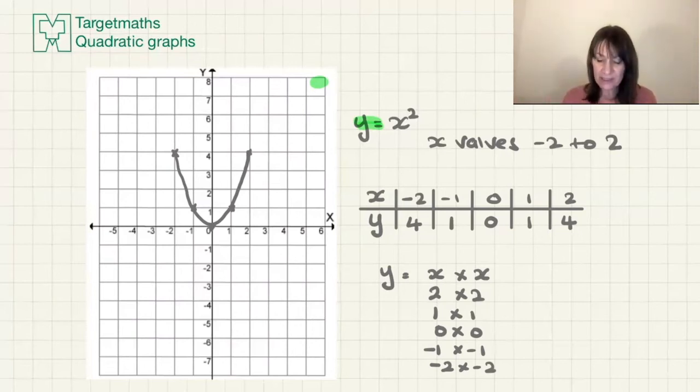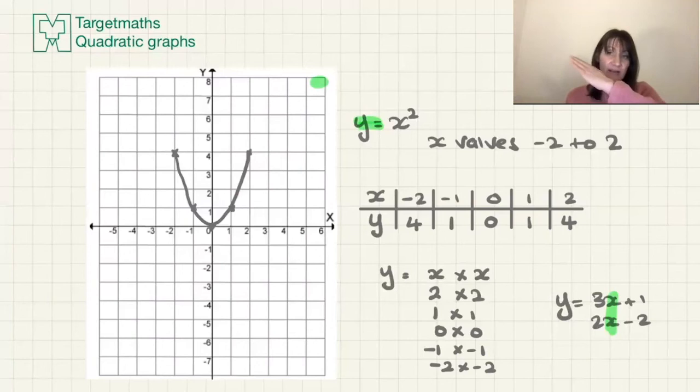One of the interesting things is the previous work we did where everything was y equals like 3x plus 1 or 2x minus 2 or whatever it was. The point I'm about to make is that the x was just a single x on its own. No powers, nothing else, just a single x. And a single x created a straight line. As soon as you put a power 2 on the x, it creates a bend. Okay, so you end up with a graph with a bend in it.